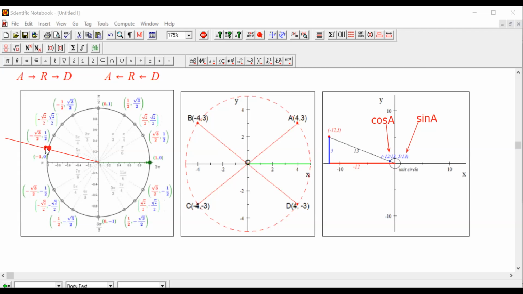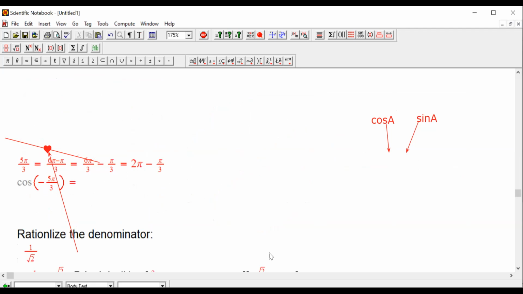And what is that point? Okay, so here I'm going to mark it for you. That is going to be, I'm going to mark it over here. Oops, what a mess. Forgive me.